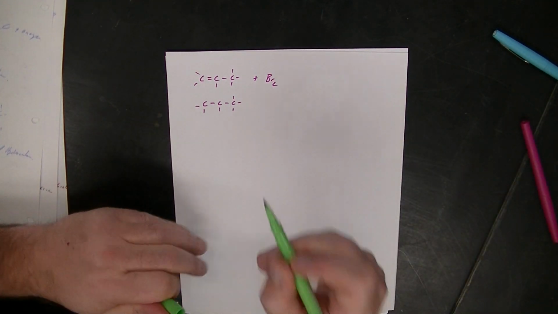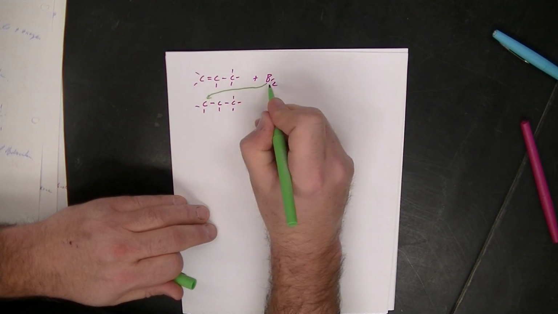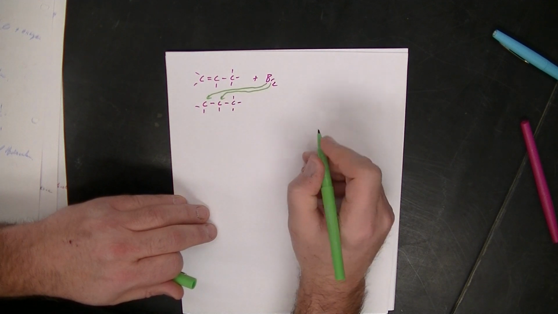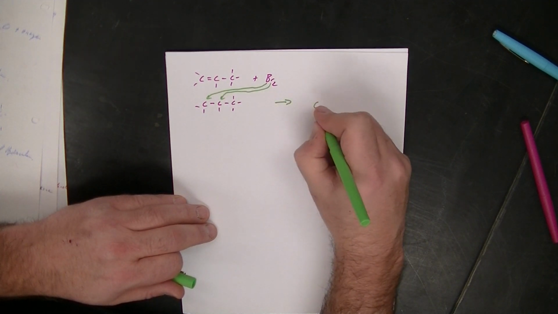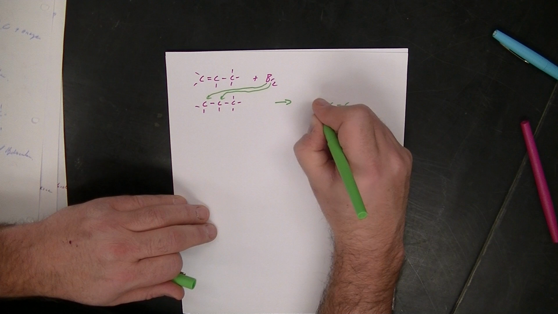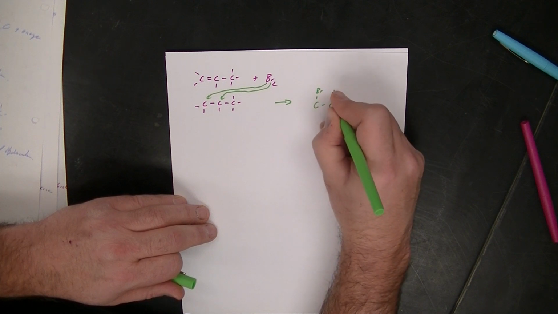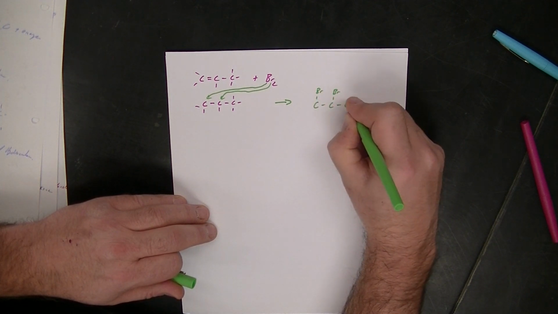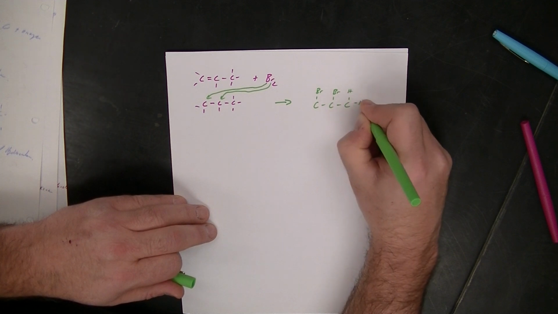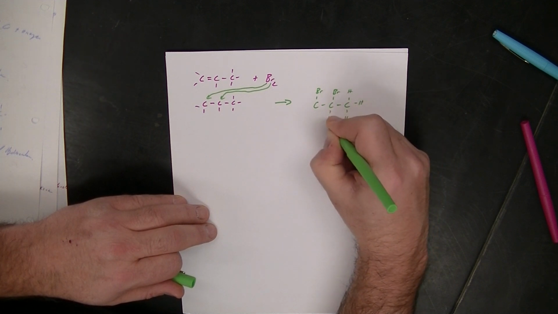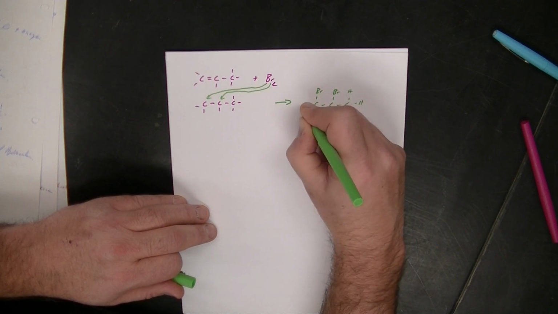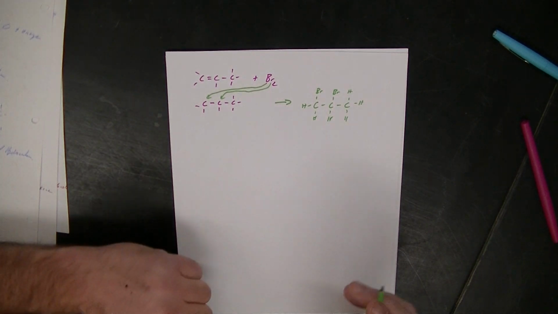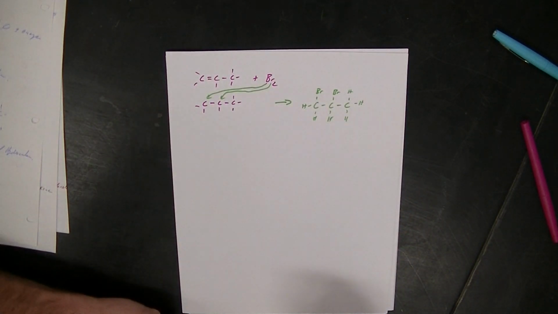One of the bromines will come over and sit here, and the other one will sit here. So we end up with that, another example of an addition reaction.